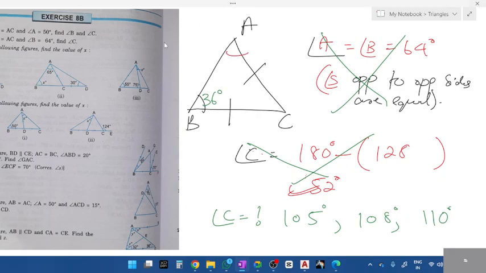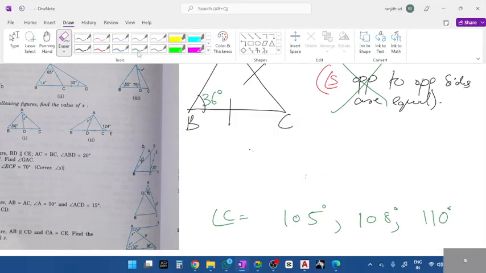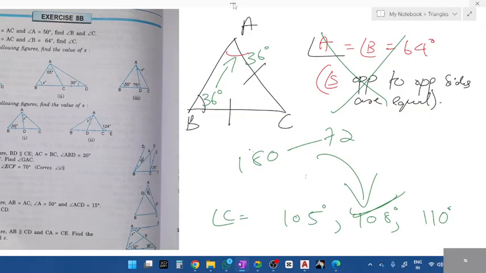You have to calculate. You should know what is the sum of interior angles. So if it is MCQ, the answer is 108. If B is 36 degrees, angle A is also 36. 36 plus 36, 72. 180 minus 72, you get 108.